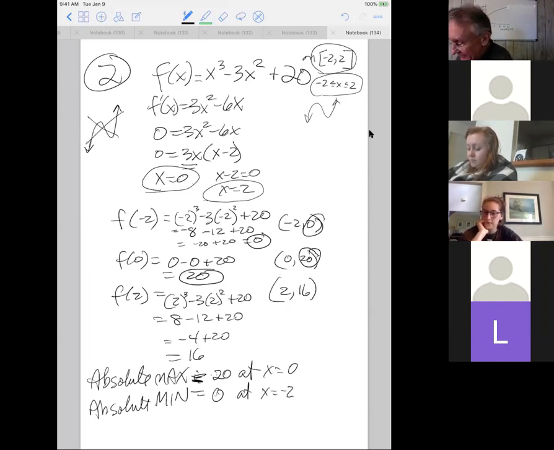You could have also said the absolute max was (0, 20), but it's actually asking what is the absolute highest value this function ever gets, and that's equal to 20. And you could have said the absolute min was (-2, 0). Could have. But for absolute min, saying what the value is makes it clear that you get the concept. Questions on that at all?